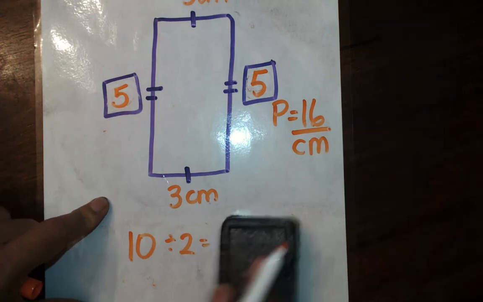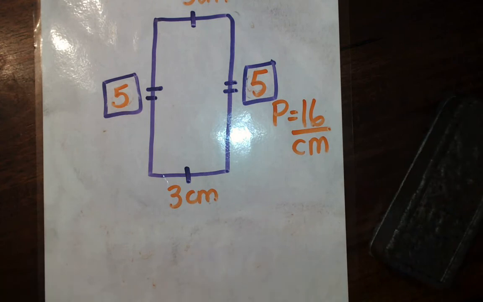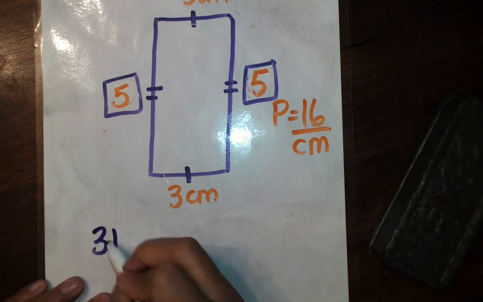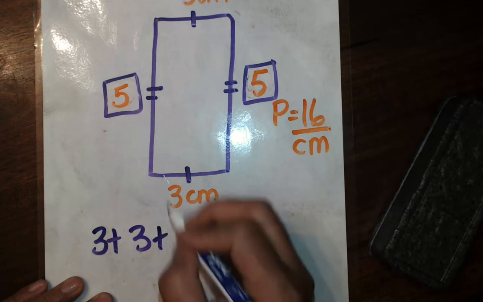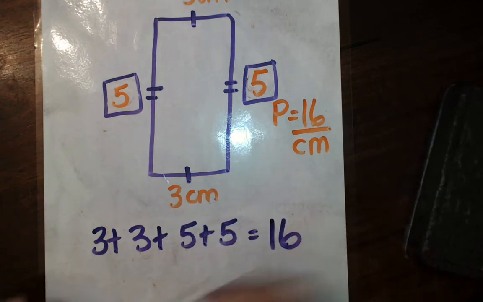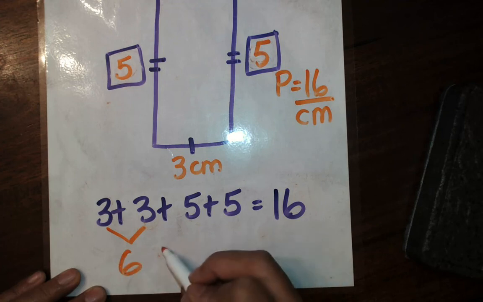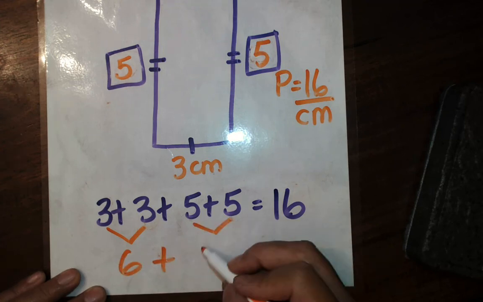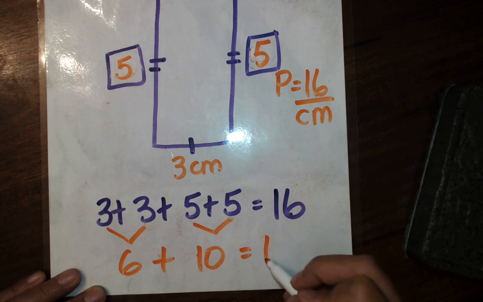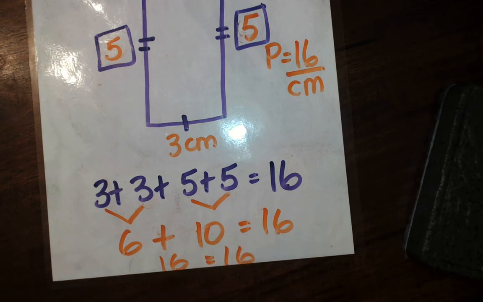So let's double check our answer once again to see if this works. Let's try. 3 plus 3, here is 3, plus 5 plus 5 should equal 16. Let's see. 3 plus 3 is 6, plus 5 plus 5, which is 10. 6 plus 10 is 16, and does that equal 16?